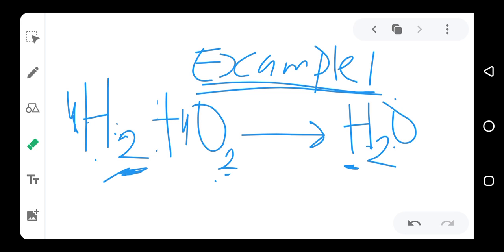So we have to balance it by doing something that will make the oxygen to be 2. Now, I said that we cannot touch this place, so we cannot put anything on this side. If you don't know how to balance chemical equations, you may decide to put something here. You cannot do it.